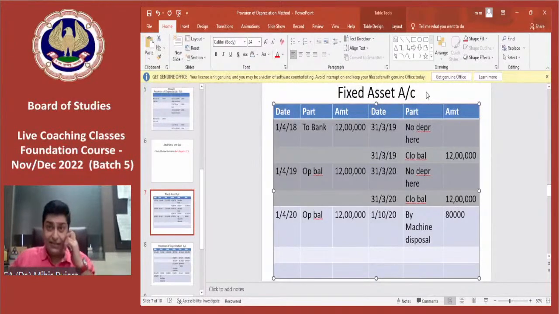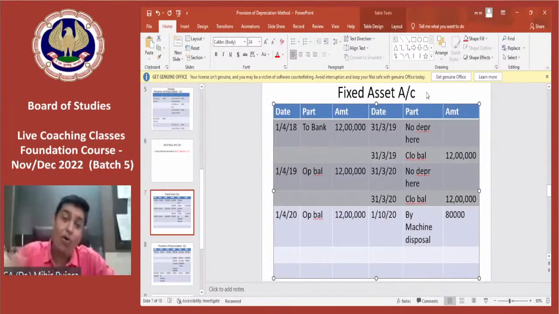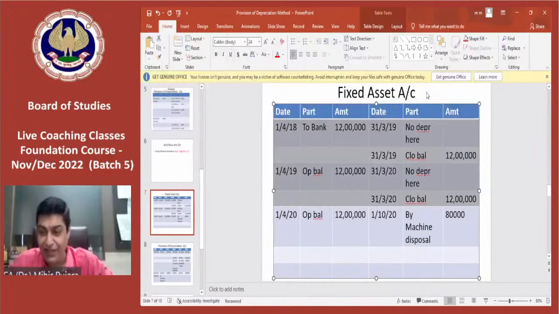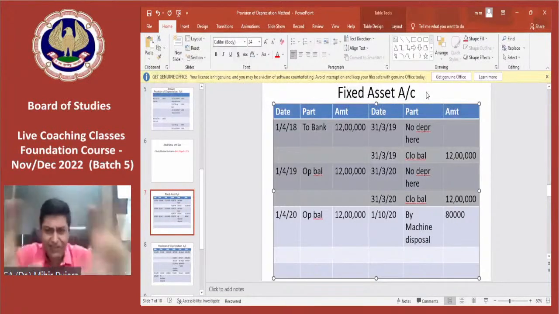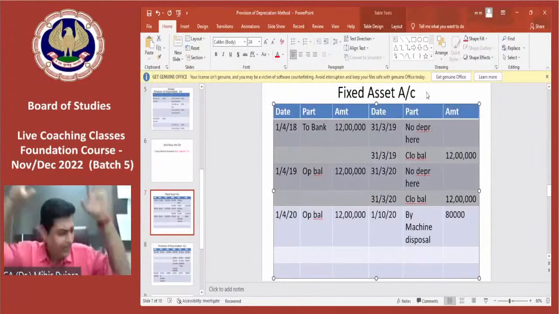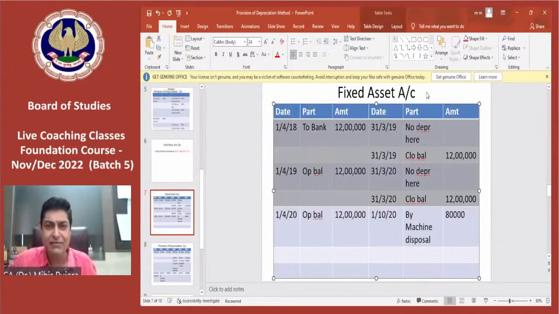So guys, this is the first important point which we already understood in the last session, because we have completed the question till this point. Is this clear, friend? Can we go further, friends?